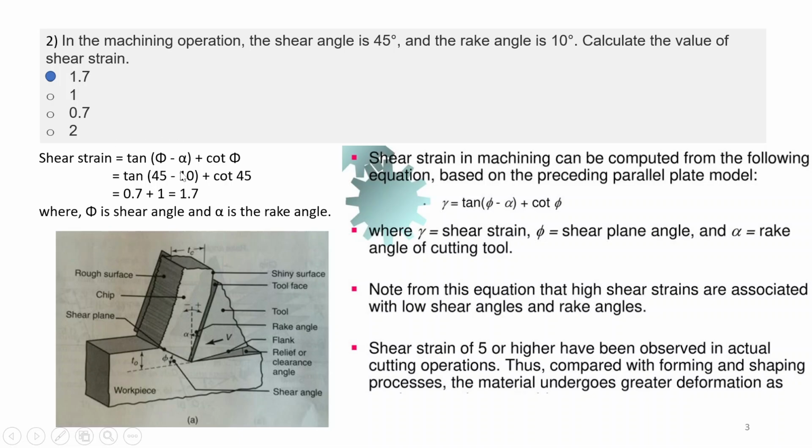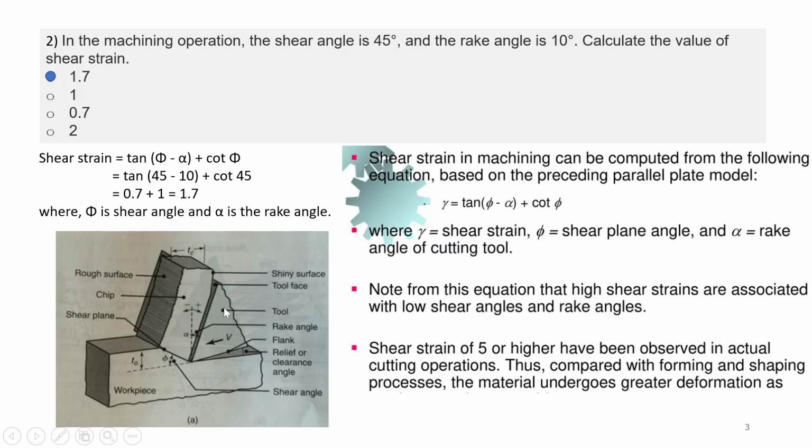For shear strain gamma, the formula is given as tan(phi minus alpha) plus cot phi. Here phi is the shear angle, alpha is the rake angle. Both of these are already given. So tan 35 plus cot 45 will be 1.7.